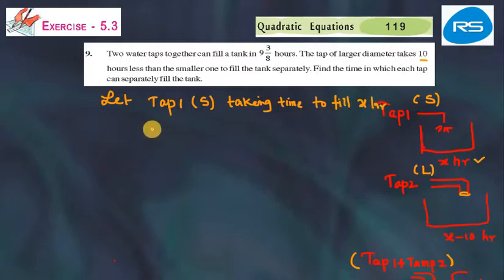Next, tap 2, the larger diameter, takes X minus 10 hours to fill the same tank.